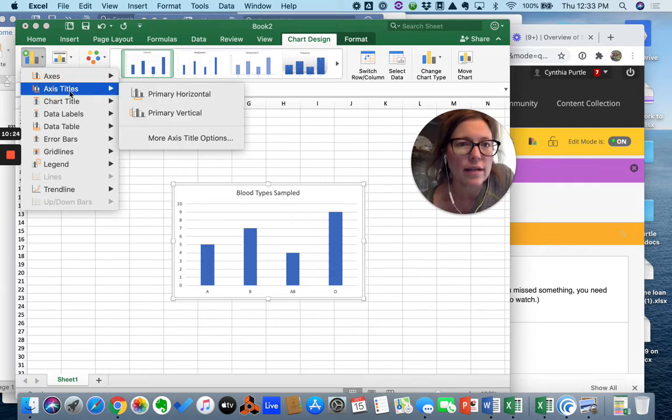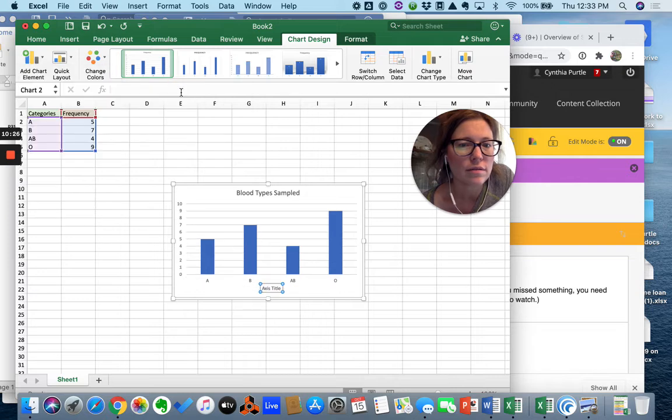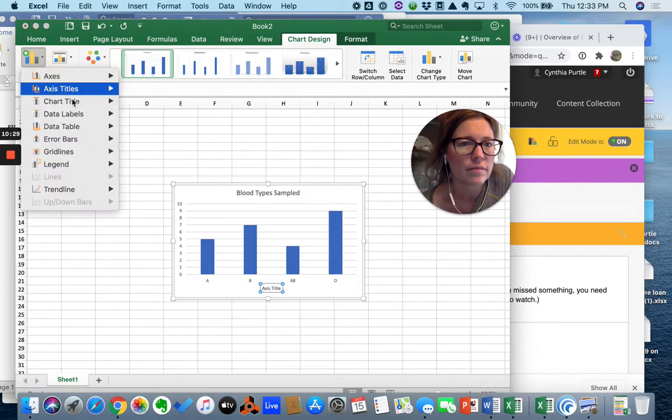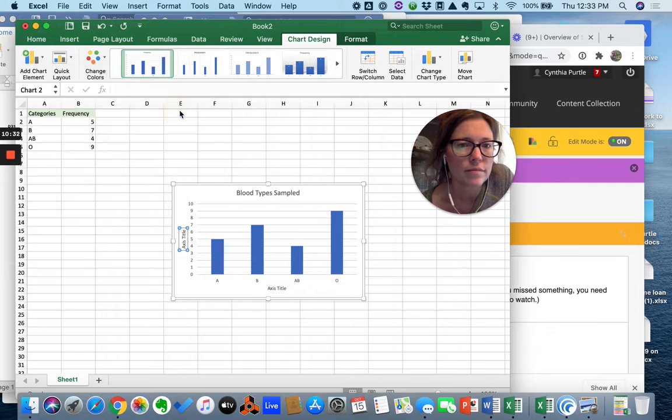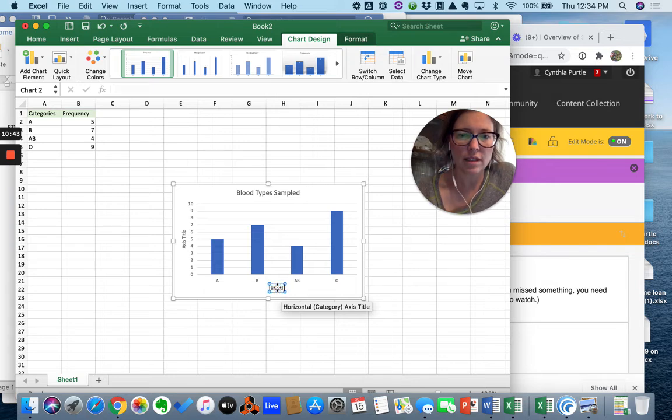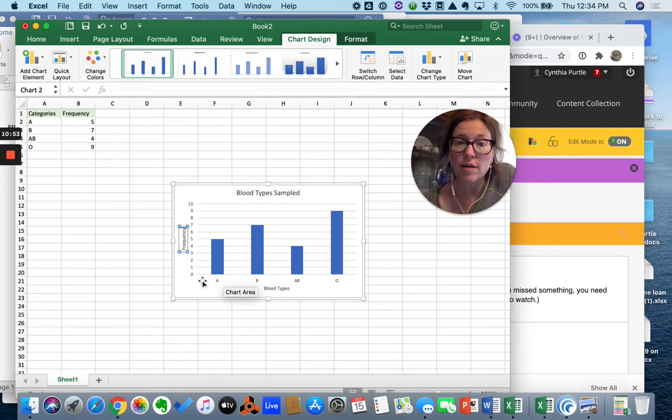I definitely want axis titles. So this is the blood types. The second is frequency. If we had something where each number represented 100 results, then we might say in hundreds. It's not in this case.